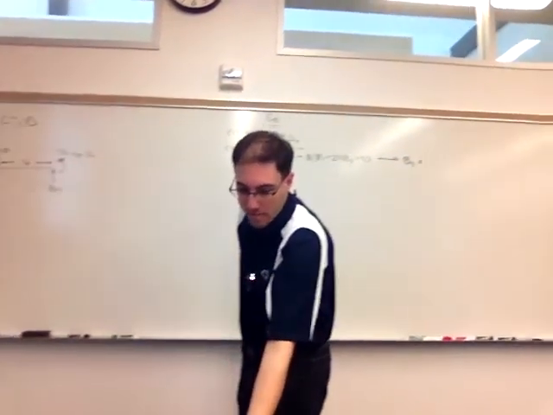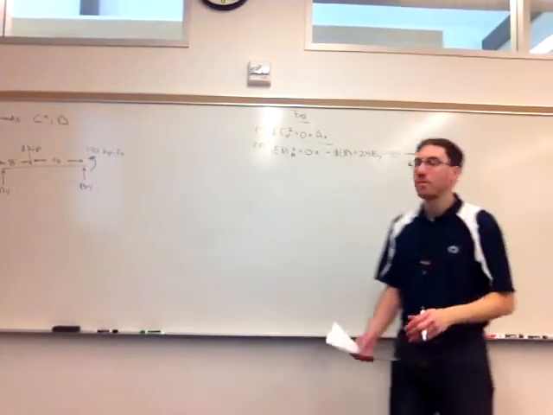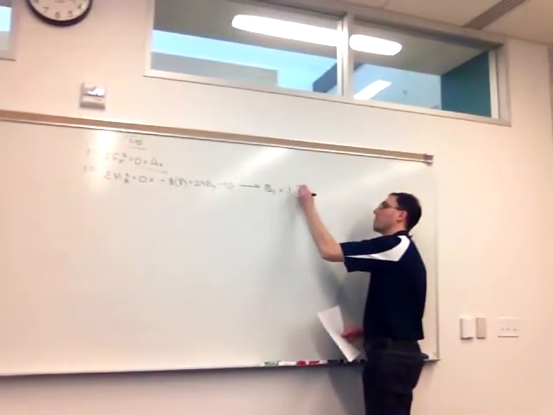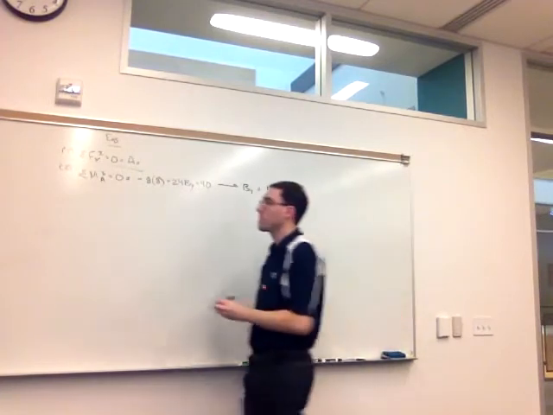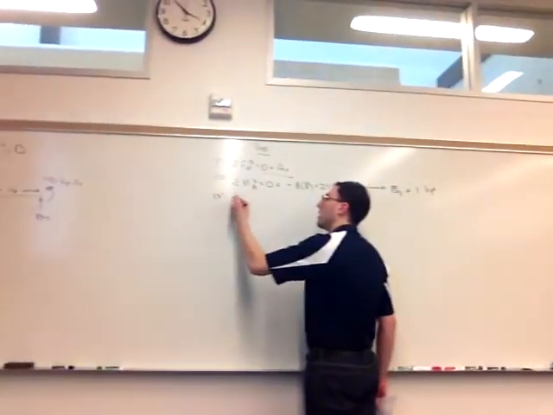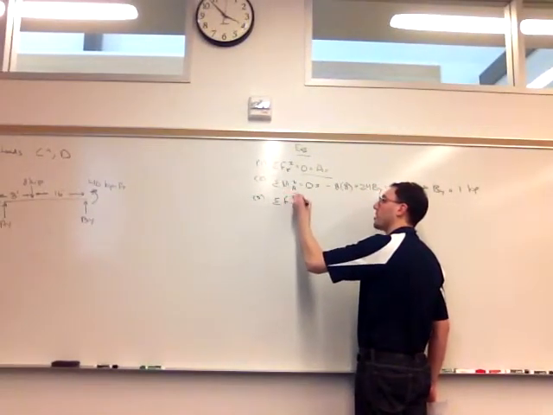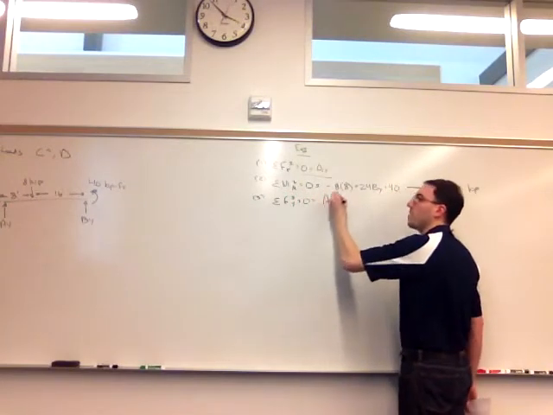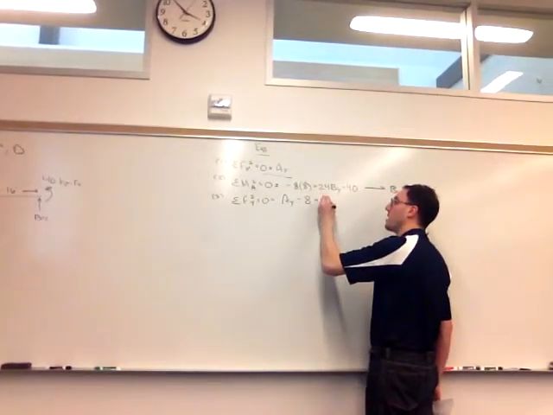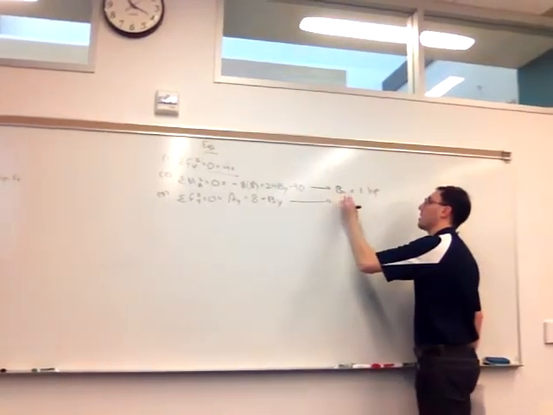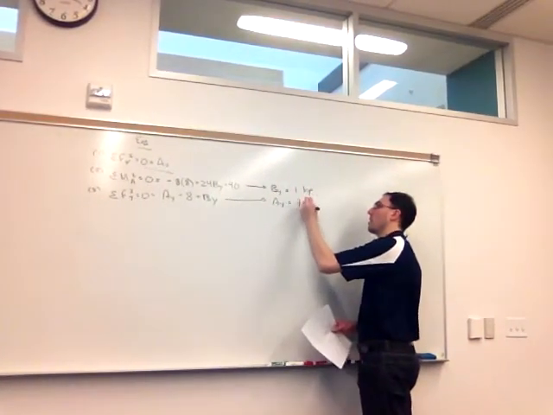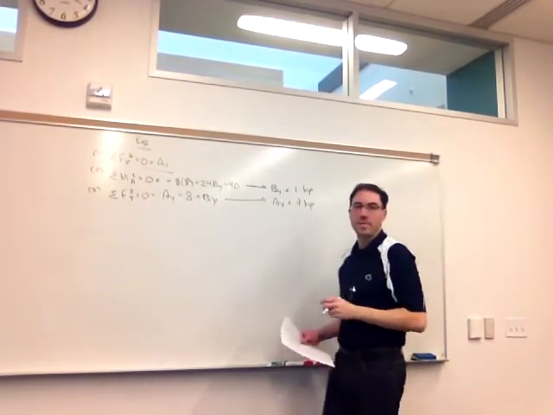The reaction at the roller, BY, is then going to be 1 kip. And forces in the y direction then, we're going to have AY minus 8 plus BY. For AY, we have 7 kip.